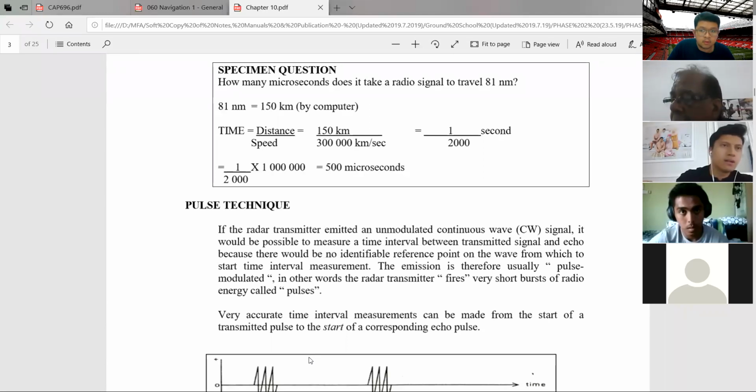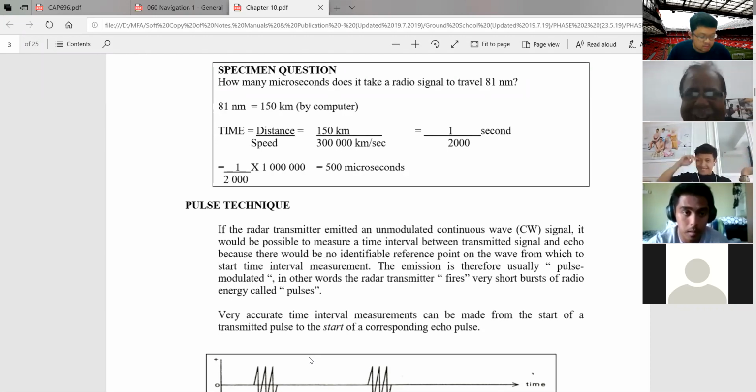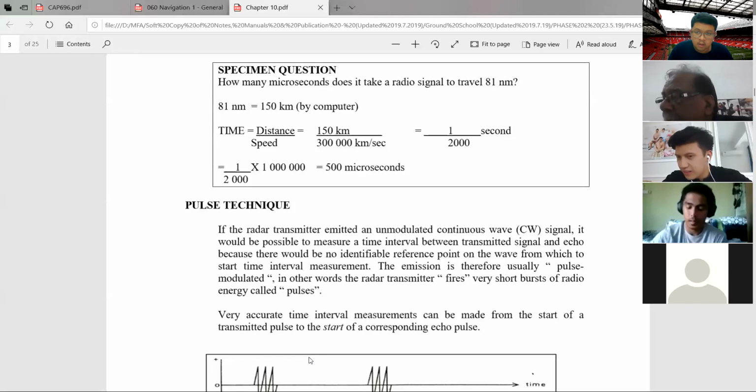Okay, 190 nautical miles? Okay. It comes to around 8,100 nautical miles.